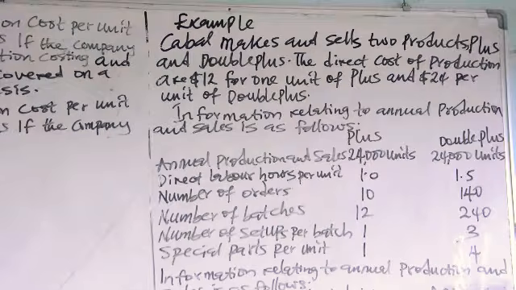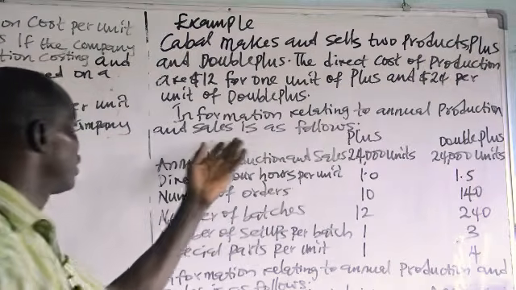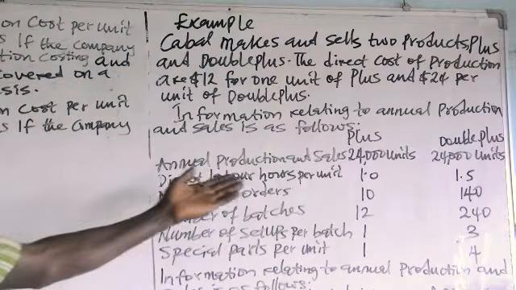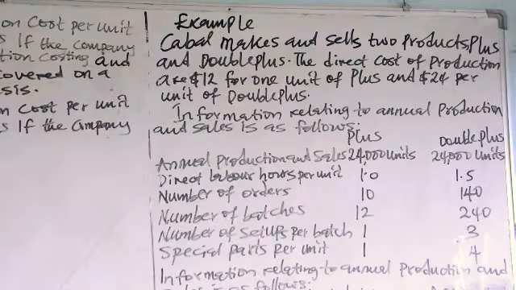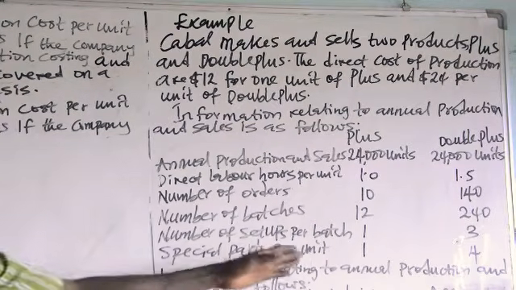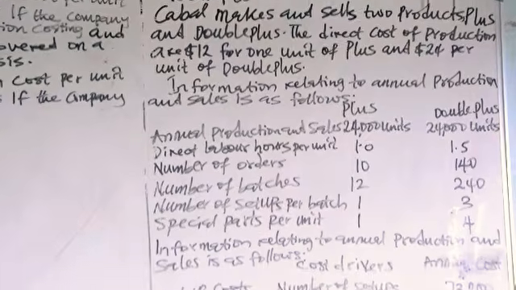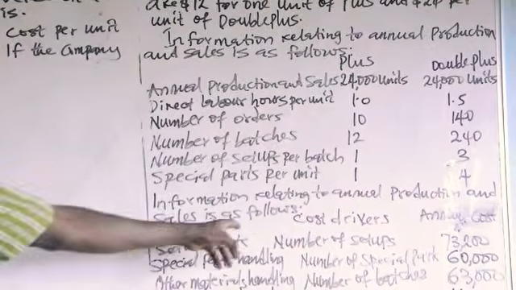Information relating to annual production and sales is as follows: annual production and sales, direct labor hours per unit, number of orders, number of batches, number of setups per batch, special parts per unit.